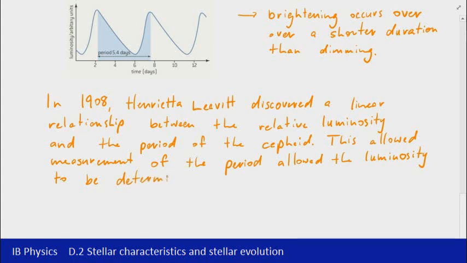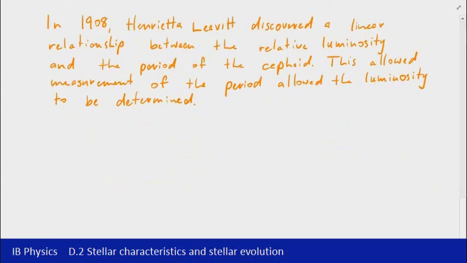And taking that a step further, if we were then able to measure the apparent brightness, so measuring the apparent brightness, the distance to that star could be determined.